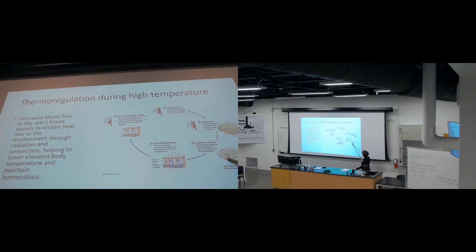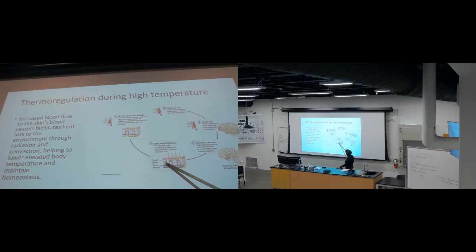This is the mid view of the brain. Your hypothalamus receives this signal from the thermoreceptors in our skin, and then you start increasing the blood flow. More blood goes through here, and that carries heat, and the heat will go from the dermis into the epidermis and then into the environment by diffusion.